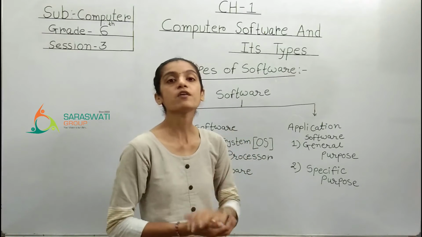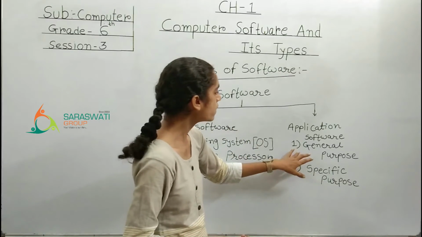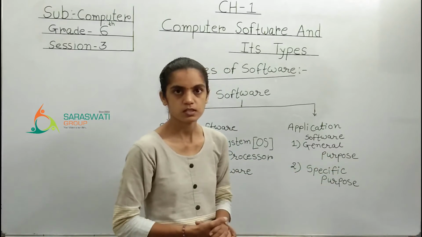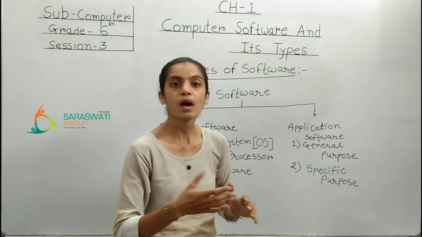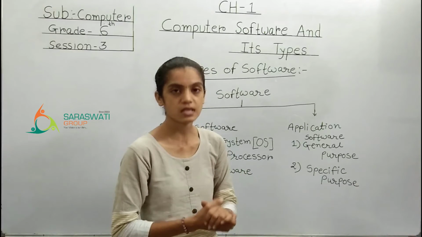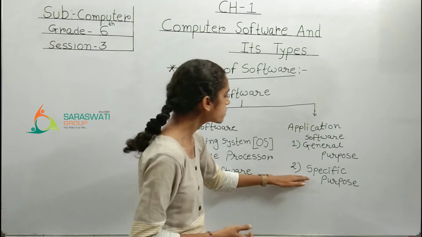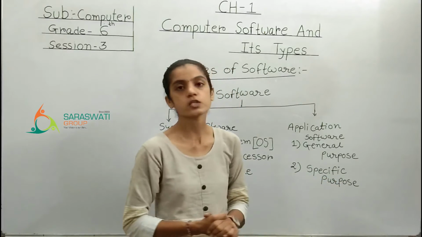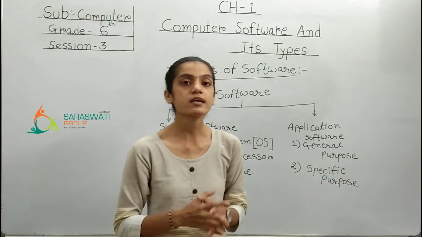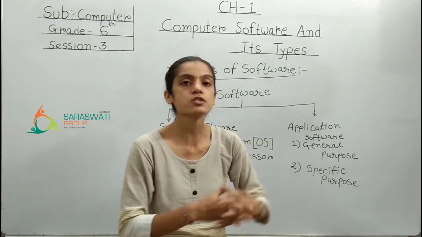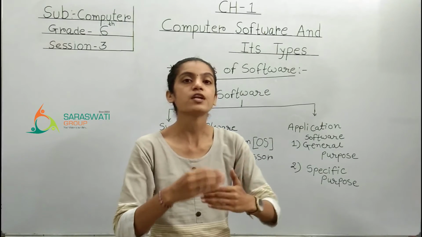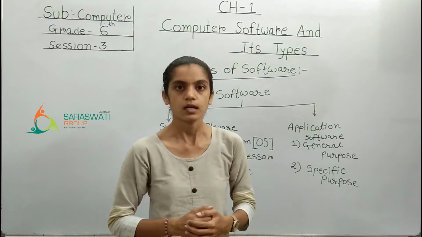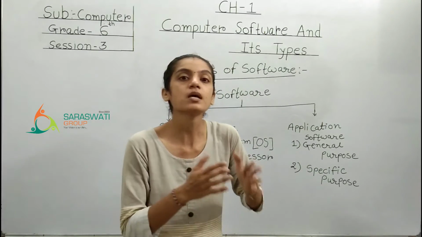There are two types of application software. One is general purpose. जैसे Microsoft Word है, PowerPoint है, वो general purpose के लिए होता है, right? और दूसरा है specific purpose application software. जैसे वीडियो एडिट करने के लिए कुछ स्पेसिफिक एप्लीकेशंस होती हैं, उसी में सिर्फ वीडियो या फोटोज ही एडिट होते हैं, right? तो उसको बोलते हैं specific purpose.